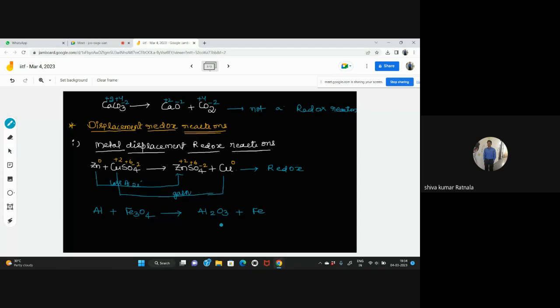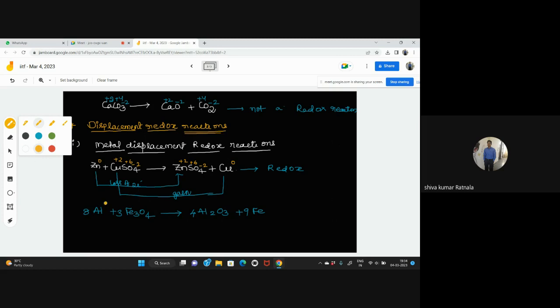First balance it. We have balanced. Tell me, it is a metal displacement reaction, right? Yes, sir, because one metal is displaced by another metal, so it is a metal displacement reaction.